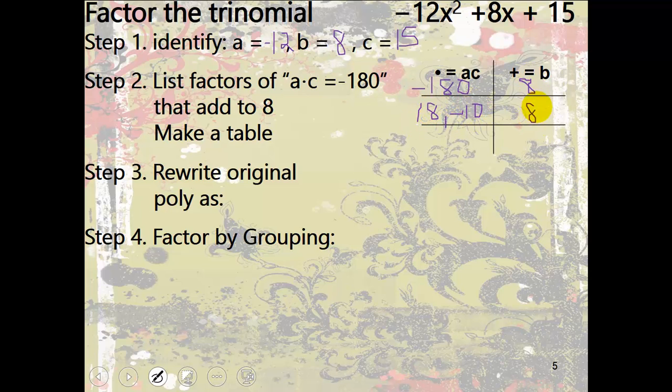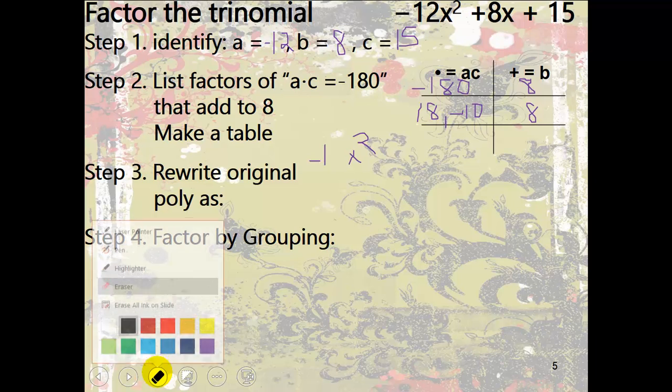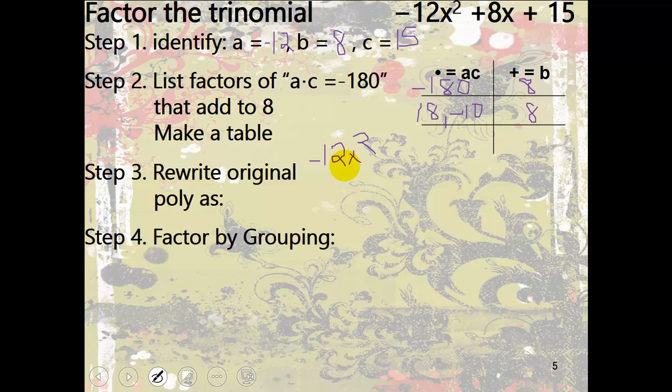So now I'm going to take negative 12x squared, and instead of writing 8x, I'm going to write it as minus 10x. If I can tuck my negative behind here, I usually do that. Plus 18x plus 15. And then I'm going to group.